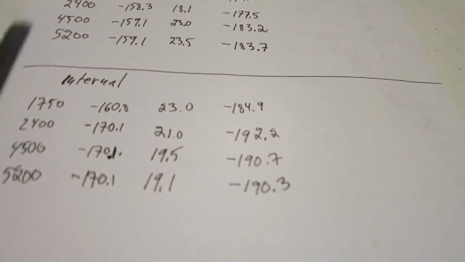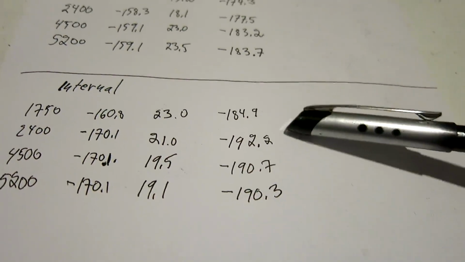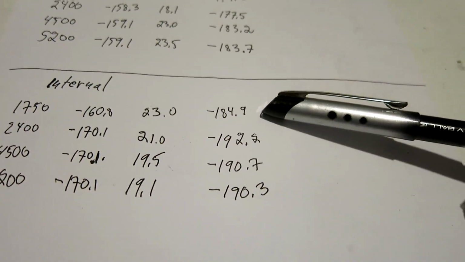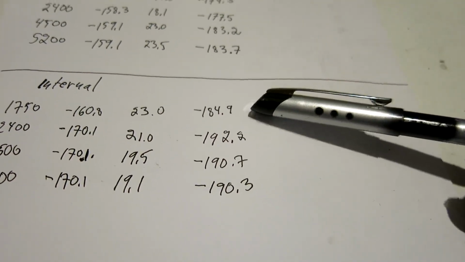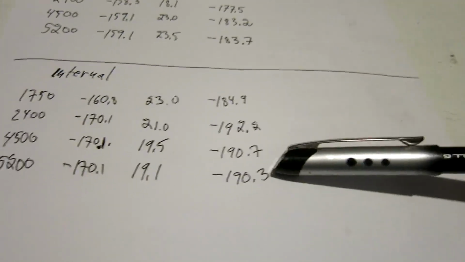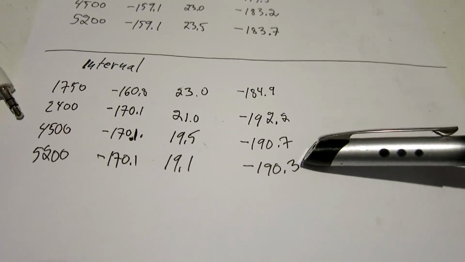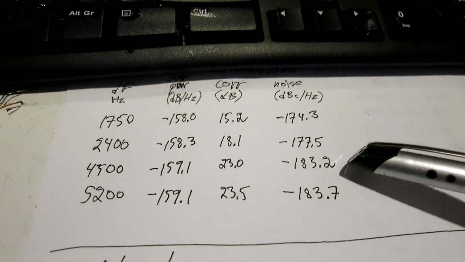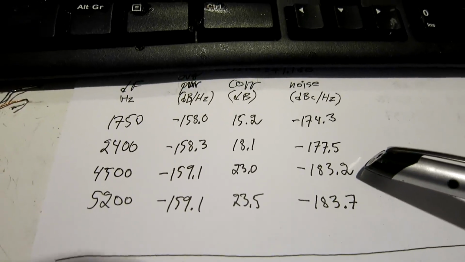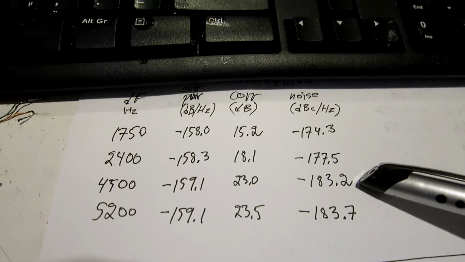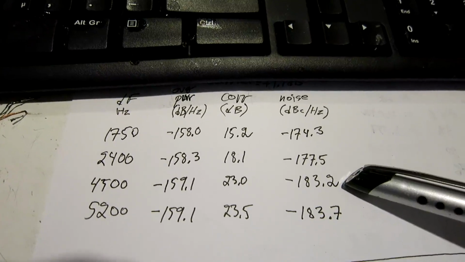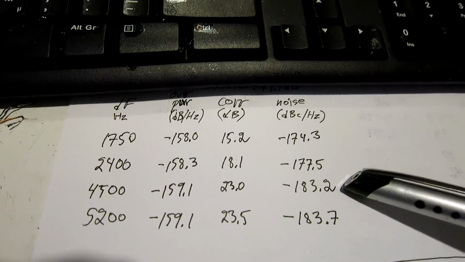The levels I see below 185 or 190 at the wider separations are a little bit, maybe significantly, lower than the values I have with the receivers.